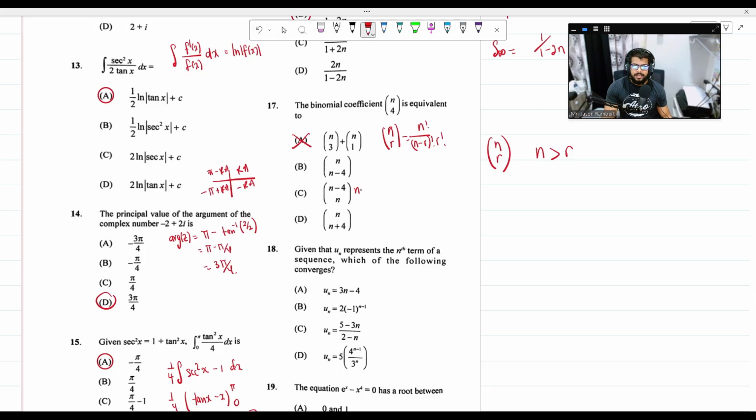So this can work. Over here, n is still smaller than n plus 4. So this can work here. Over here, n is indeed bigger than n minus 4. So this is what we're looking at. Right? Easy peasy.